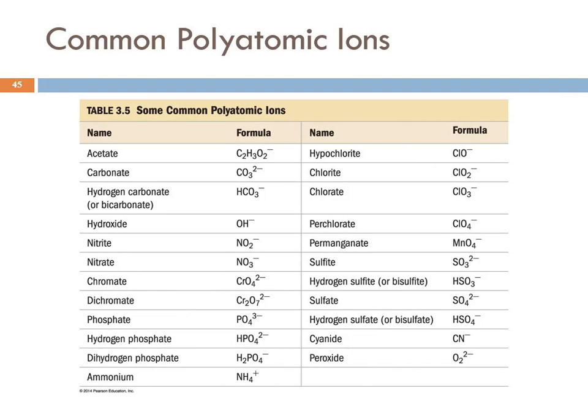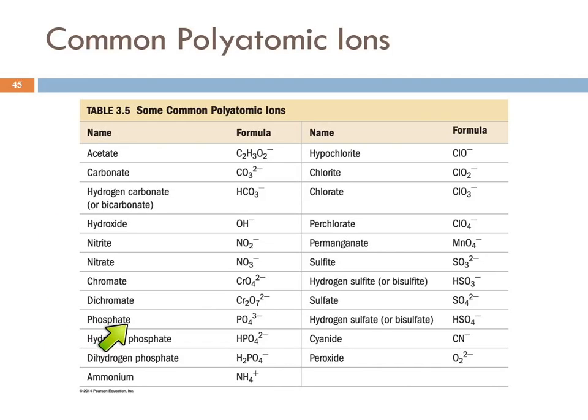So here are some common polyatomic ions. And I think all of these were on the list, and there were some other ones as well. But all of these are ones that you should have memorized. If you'll notice, there is only one that's positive, ammonium ion. All the rest of them are negative. And there are some patterns in here, and we'll look at them in a minute.